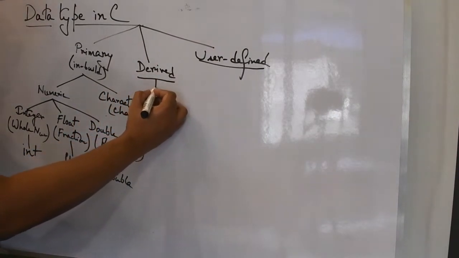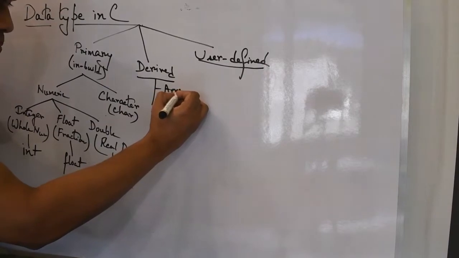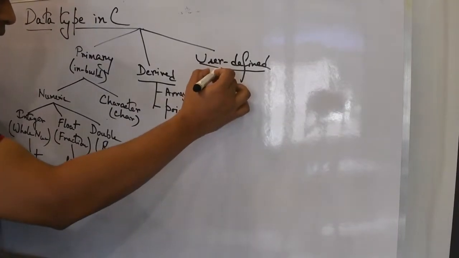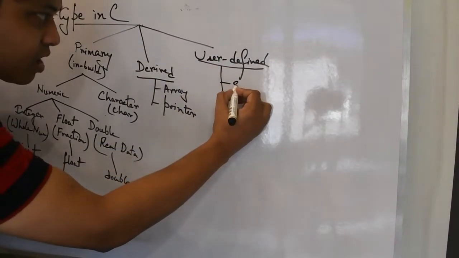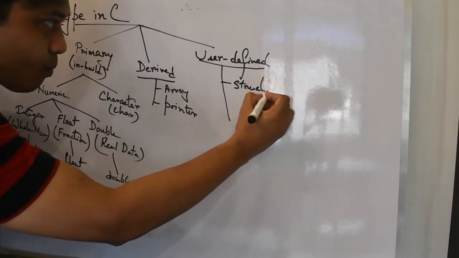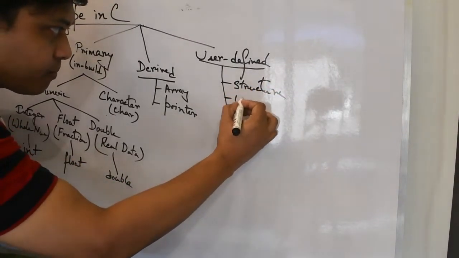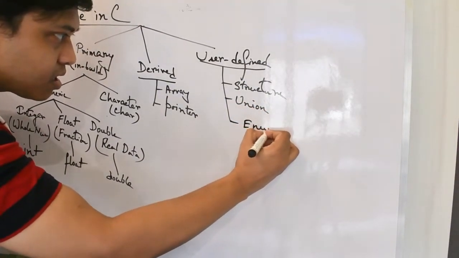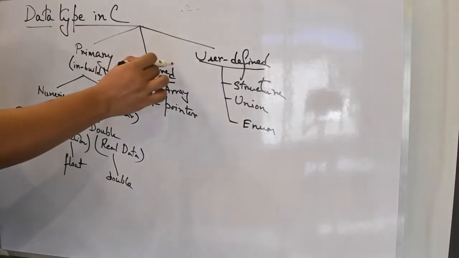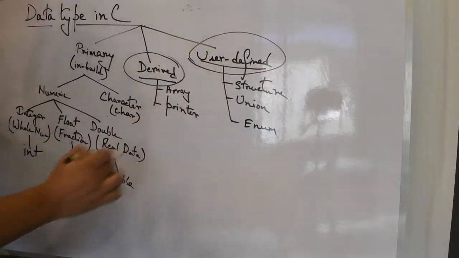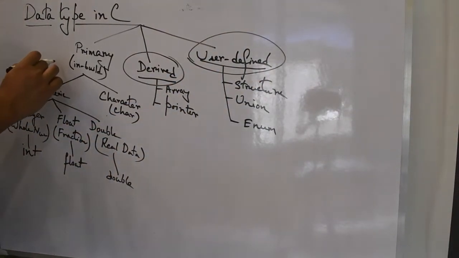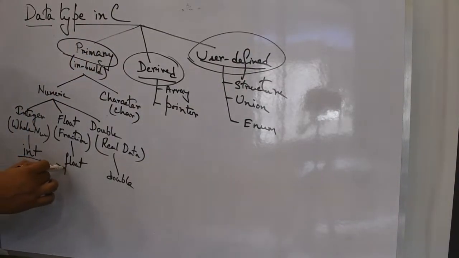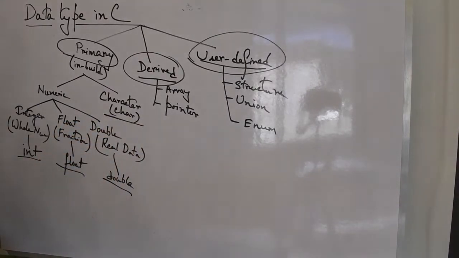Inside derived we have array and pointer, and in user defined we have structure, union, and enumeration, in short enum. We will cover these later, so we will concentrate only on the primary data types now, which are int, float, double, and char.